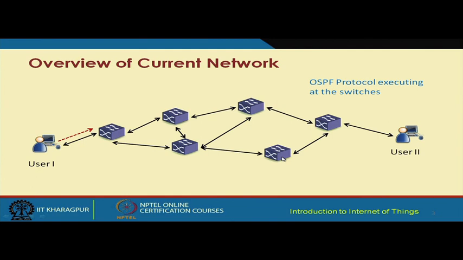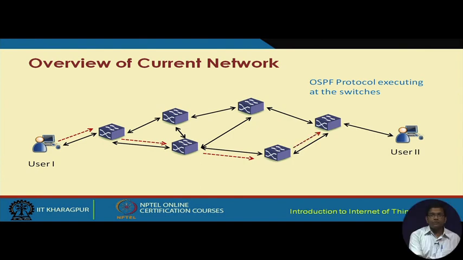It executes OSPF, and when the packet is sent, the OSPF protocol is going to route the packet through these corresponding switches, depending on which route the OSPF protocol finds to be the best. Every switch knows how to send the packet based on the routing table that it has. So, it does not have a global view of the network as a whole.